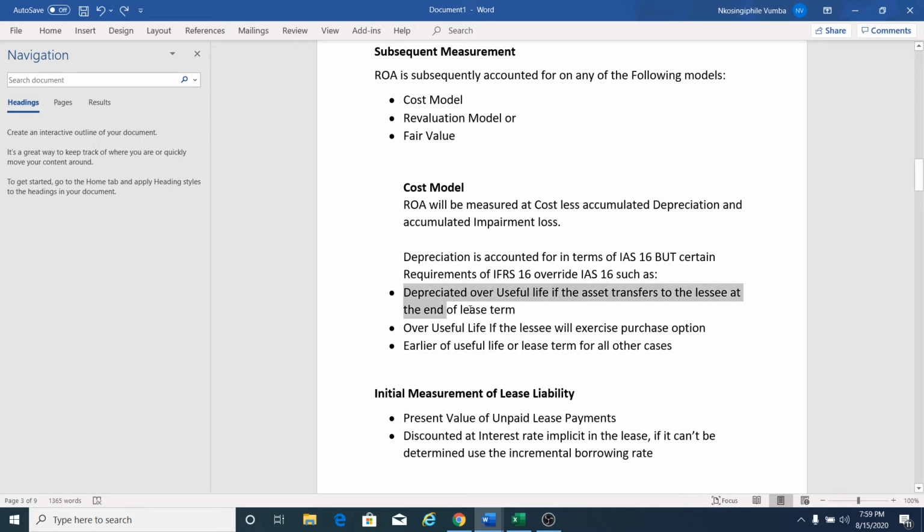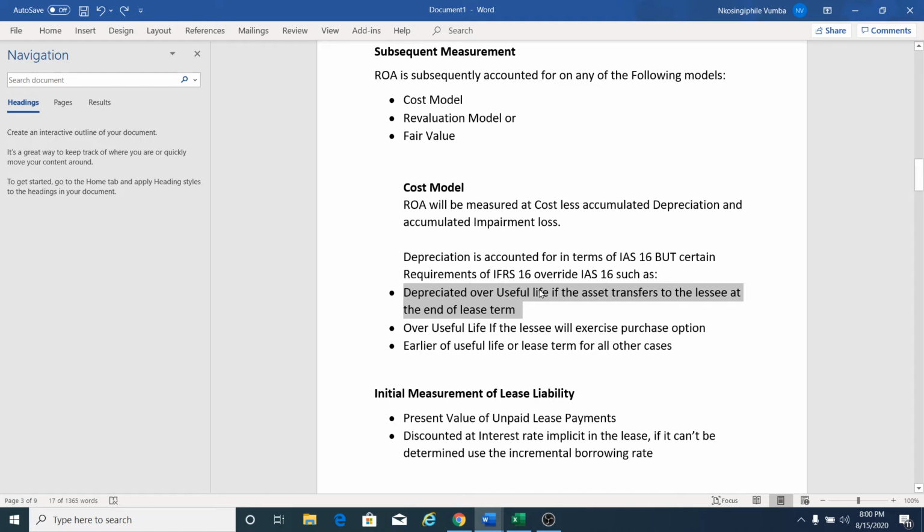If you expect, as the lessee, that you will purchase that asset, or the asset will transfer to you at the end of the lease term, you should depreciate the right of use asset over the useful life of the asset, not the lease term.